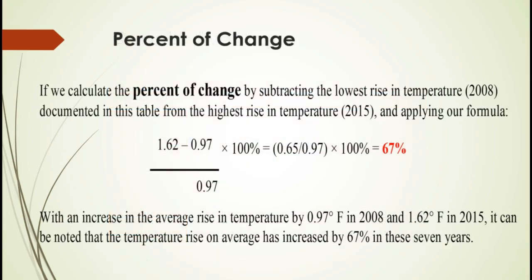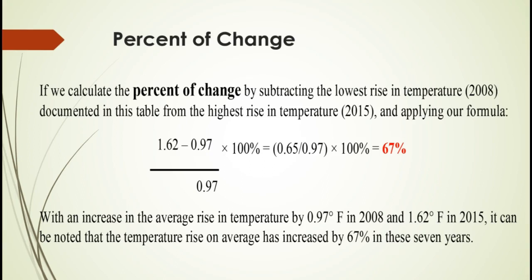To calculate the percent of change, we will subtract the lowest rise in temperature documented in this table from the highest rise in temperature. So subtract 0.97 from 1.62, divided by 0.97, and then multiply it by 100 to receive a result of 67% increase.